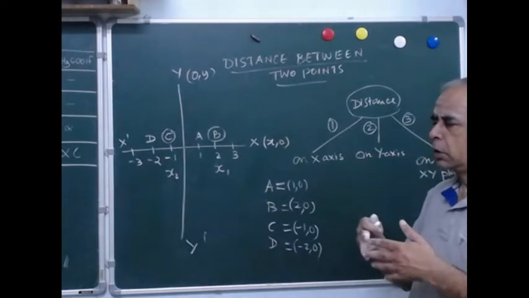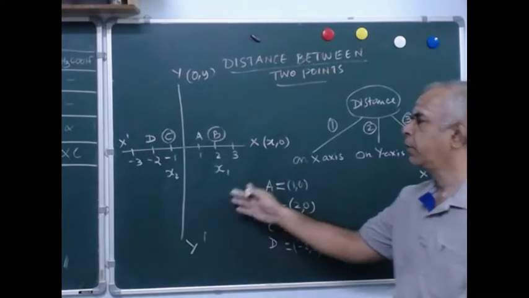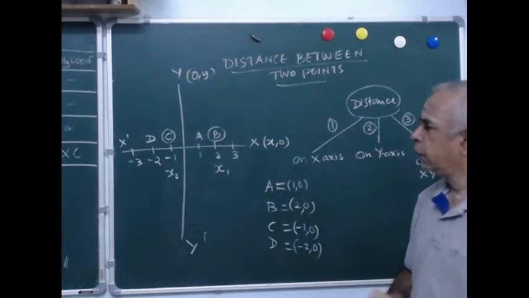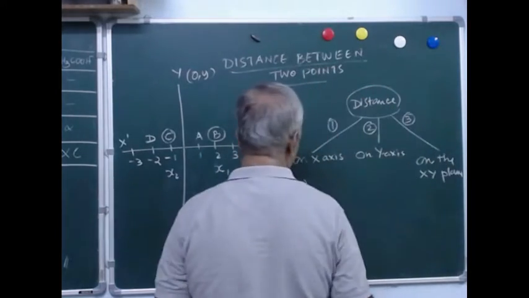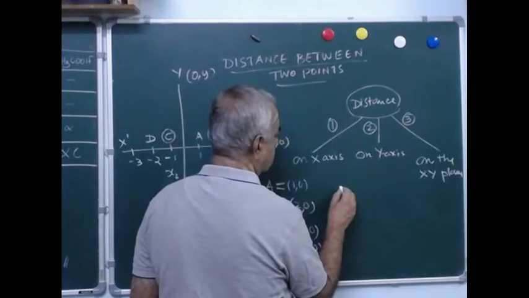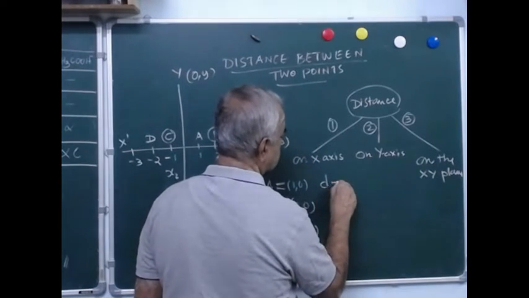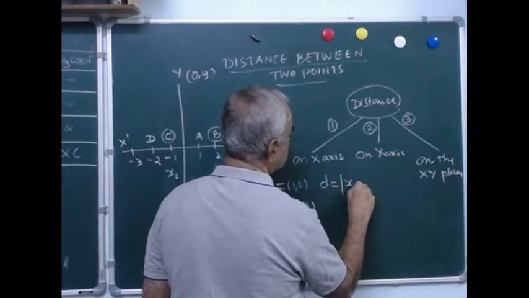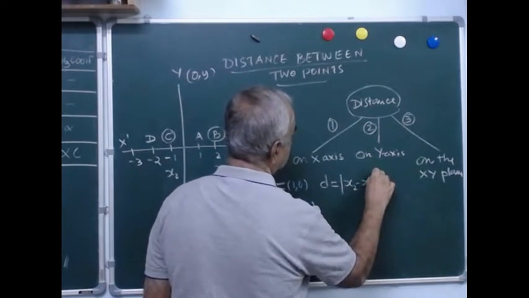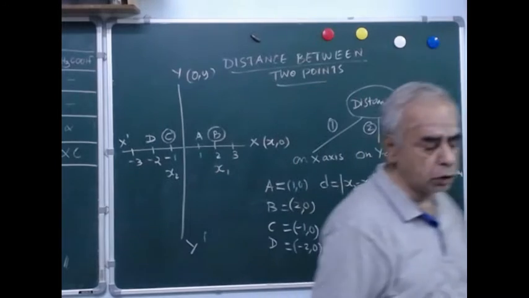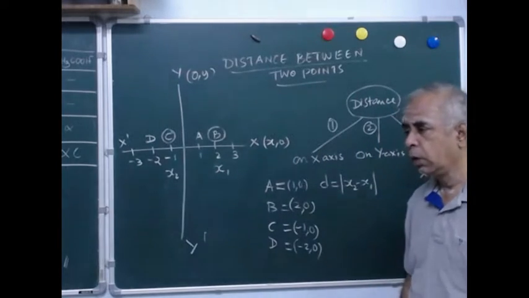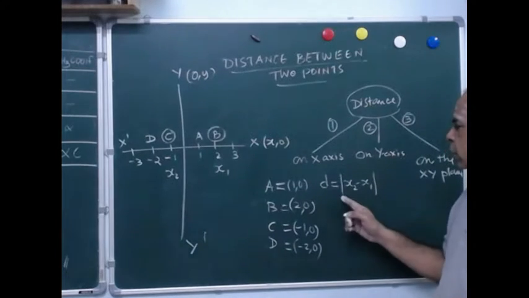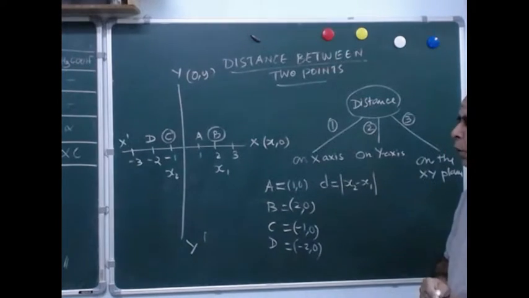So the distance is nothing but the difference between these two points. You can adopt this formula: the distance on the x-axis is equal to modulus of x2 minus x1. What do you mean by modulus? You may sometimes get a negative value, but we want to indicate it as a positive value. That is why I put modulus here.